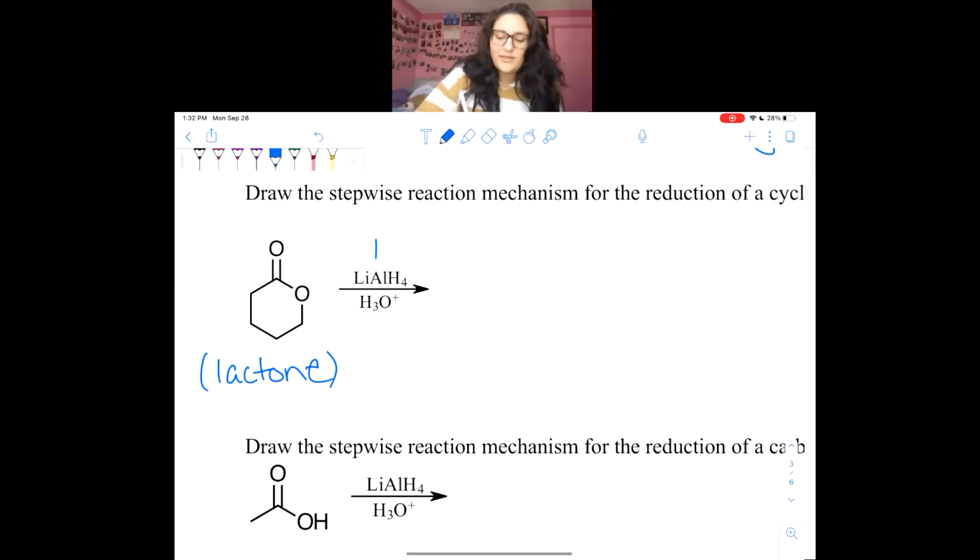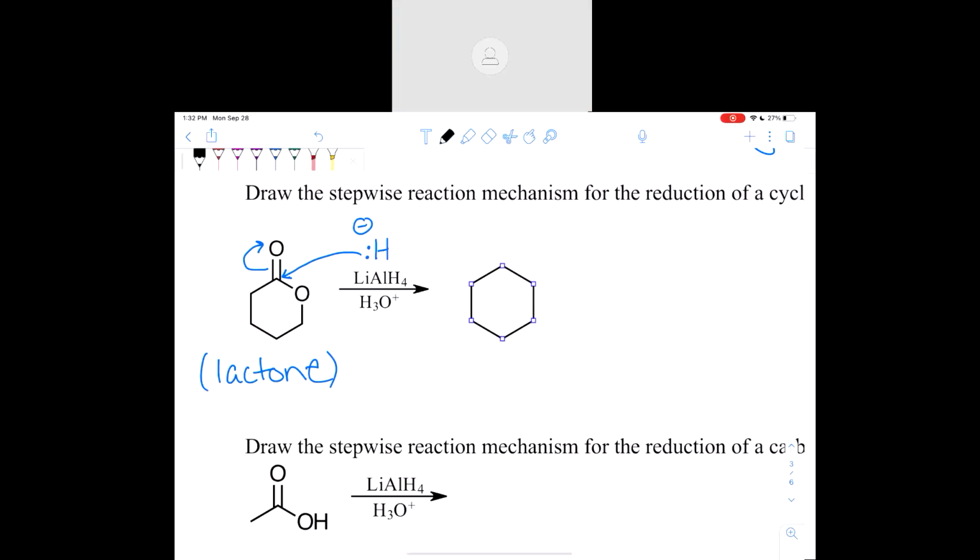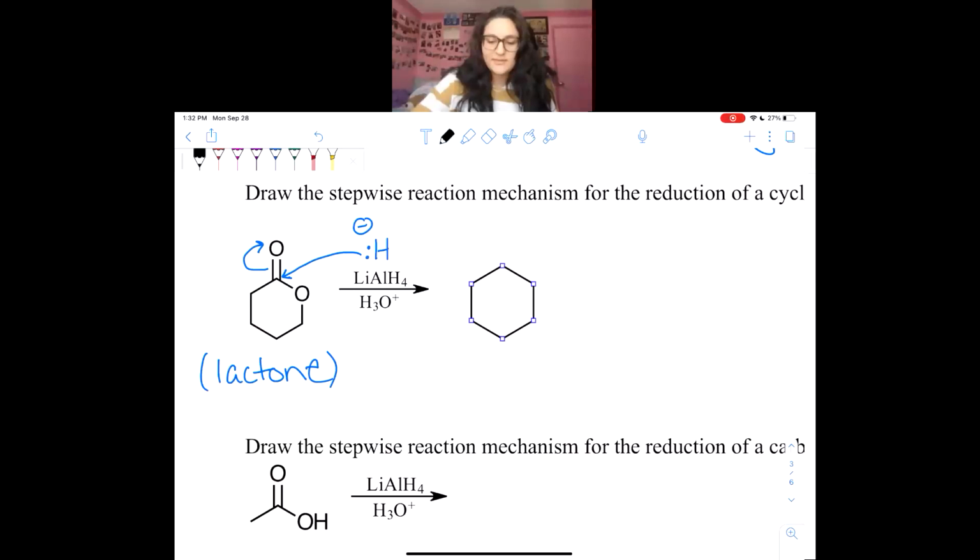So we can do the exact same reaction in the ring system. We're going to attack right here, kick up those electrons. Excuse me, are we going to end up cleaving the ketone? Yes, we are.